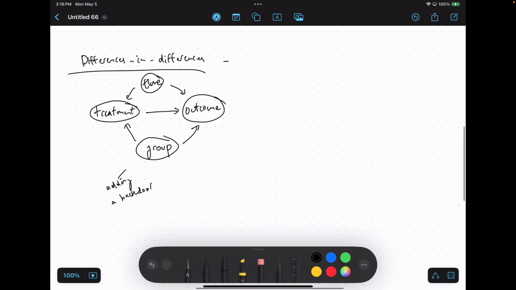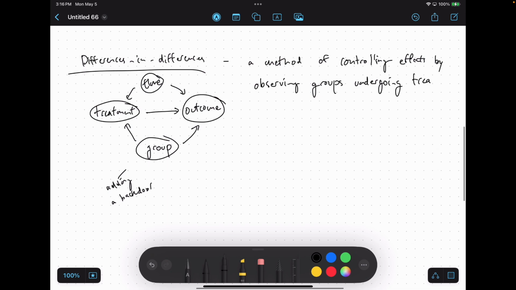Okay, so this is a method of controlling effects by observing groups undergoing treatment versus groups that never undergo treatment.